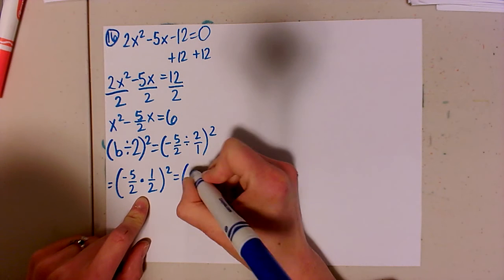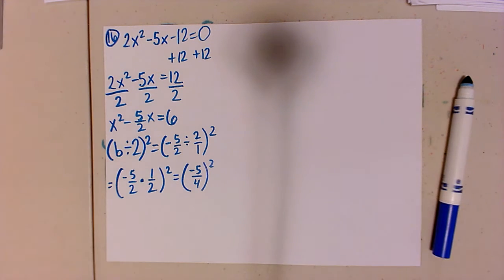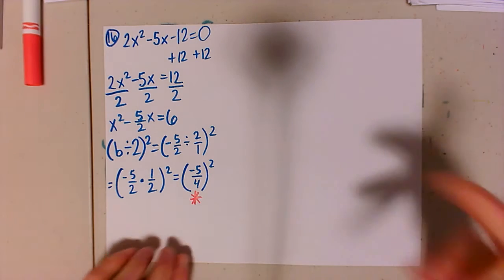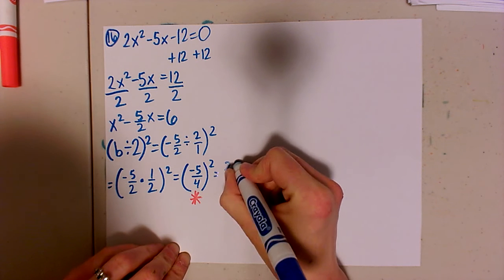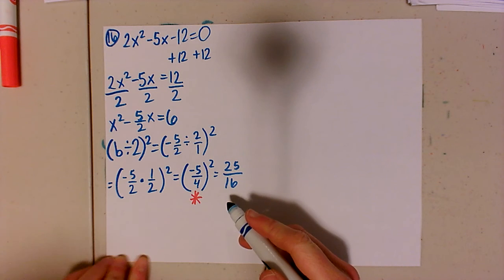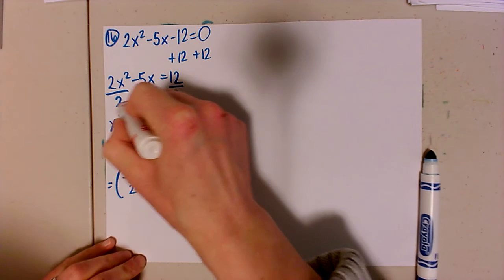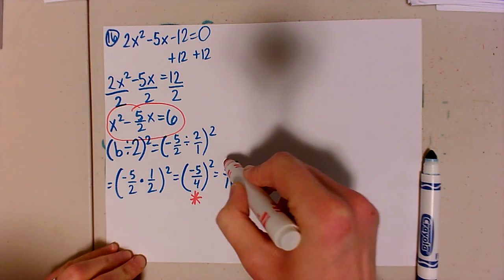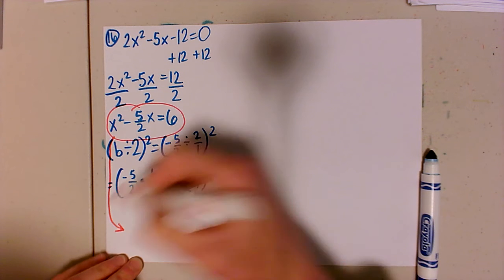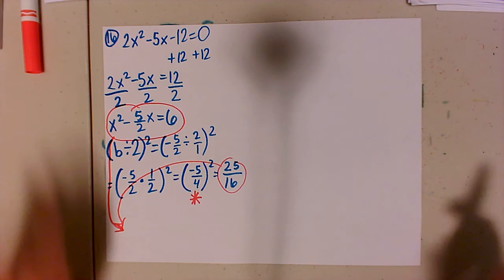So this will turn into negative 5/4 squared, and that negative 5/4, I'm going to use that in a moment when I factor. And so if I square that, I'll get a positive 25/16. So that 25/16 I'll have to add to both sides. Okay, so I'm going to take this part of the equation and this 25/16, and I'm going to come down here and I'll add that 25/16 to both sides.